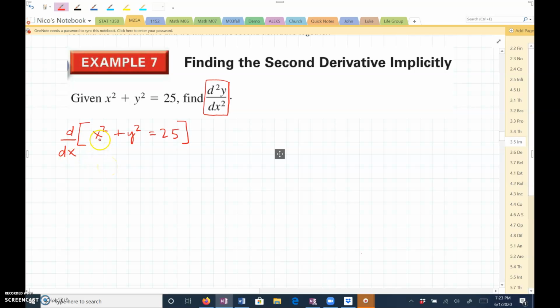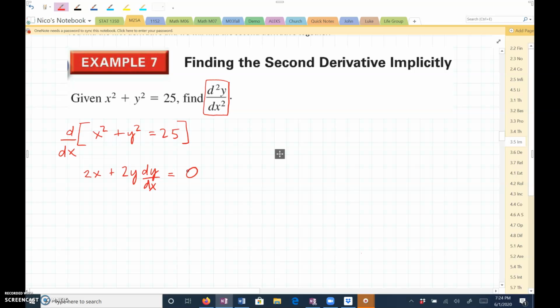Okay, so when I take the derivative of x squared with respect to x, that's going to be 2x. When I take the derivative of y squared with respect to x, that's going to be 2y dy/dx. And when I take the derivative of 25, that's going to be 0.